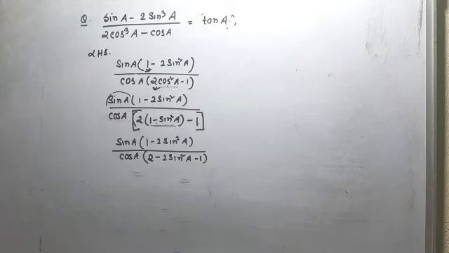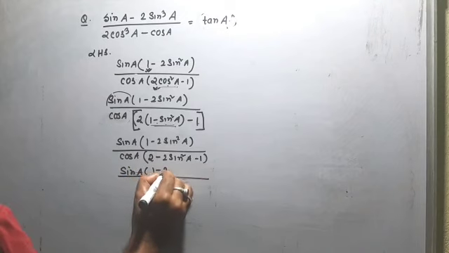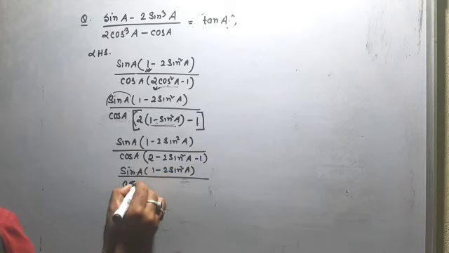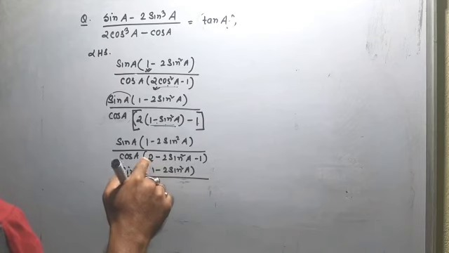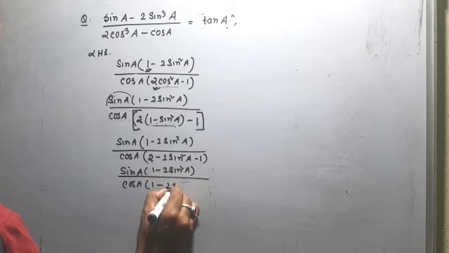I write again sin a, and here 1 minus 2 sin square a, and here cos a. Now 2 minus 1 is 1, and here only 2 sin square a remaining.